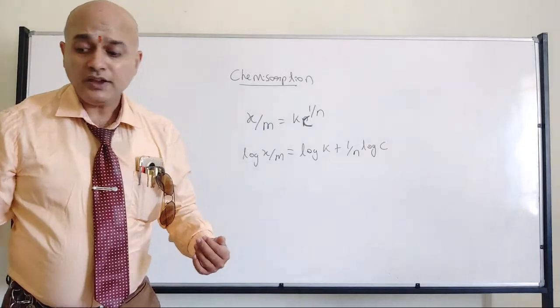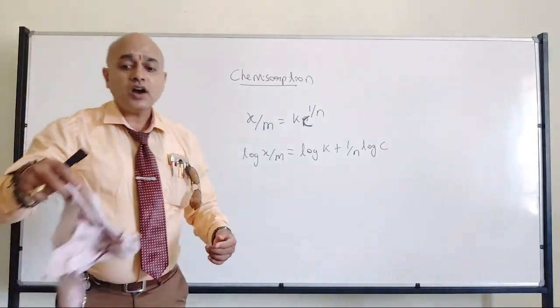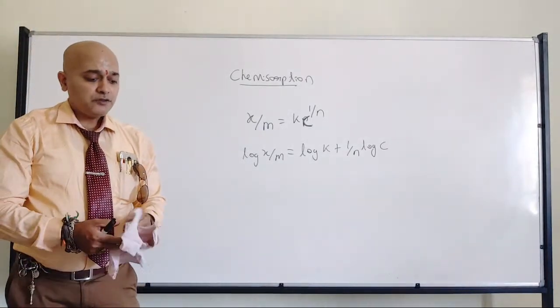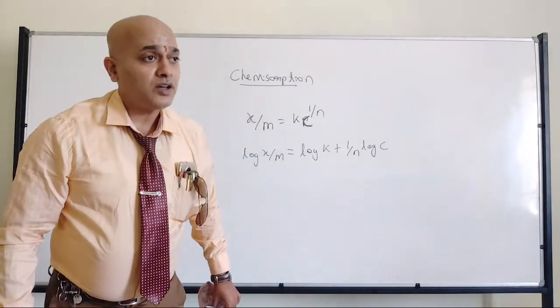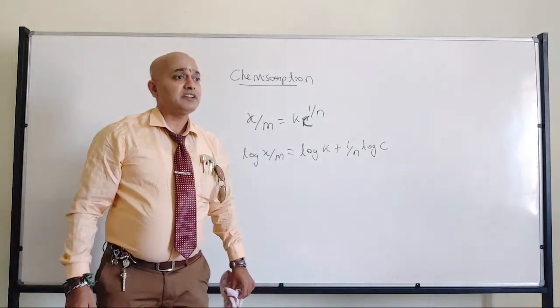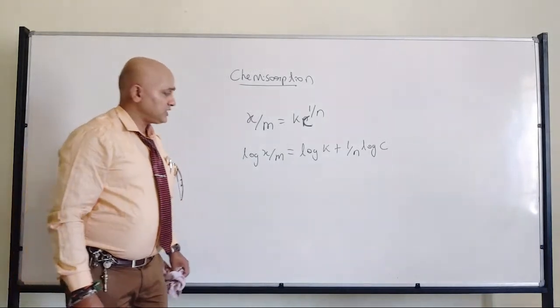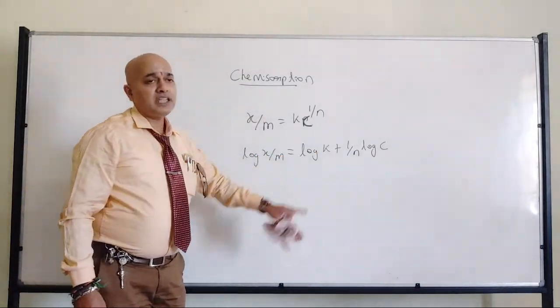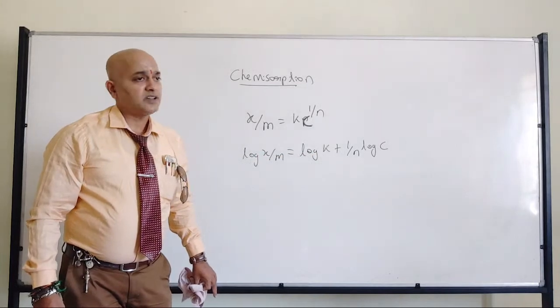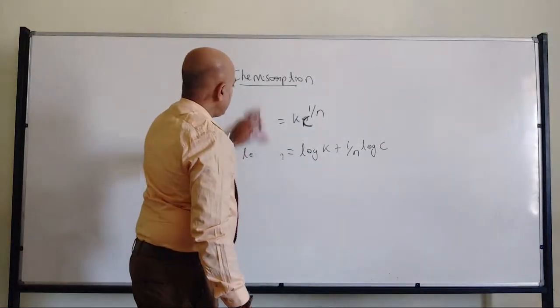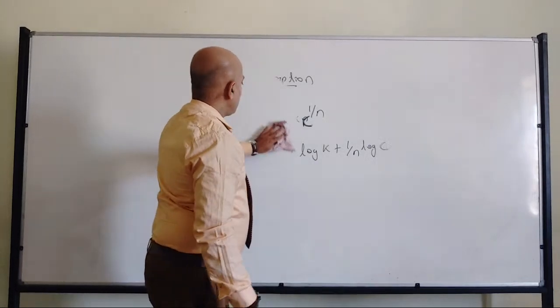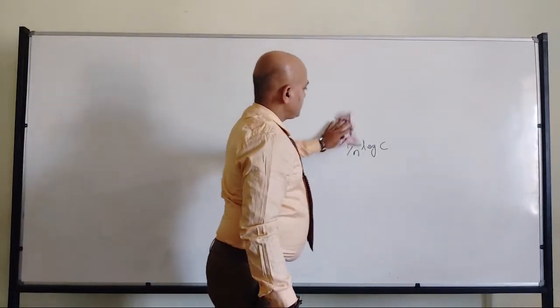Instead of P, we have to deal with the concentration, because we are talking about adsorption of solid molecules with liquids. That is concentration. So that's where we have the modified equation. That's all. There are no other changes. Okay? So that's where we have the Freundlich adsorption isotherm.